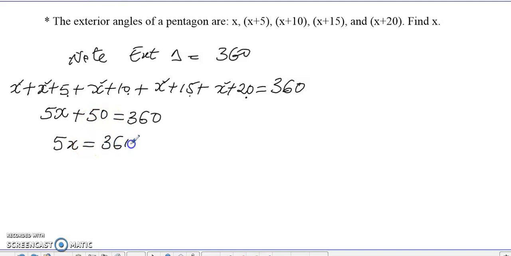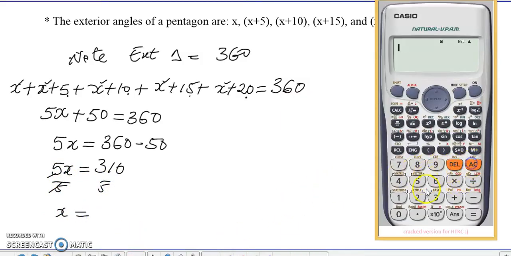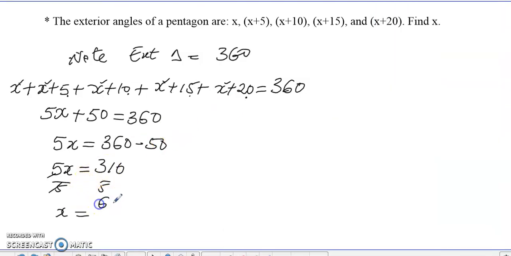We have 360 minus 50, which gives us 310. So divide both sides by 4. So x will be 310 divided by 4. Okay, so this gives us the value of x.